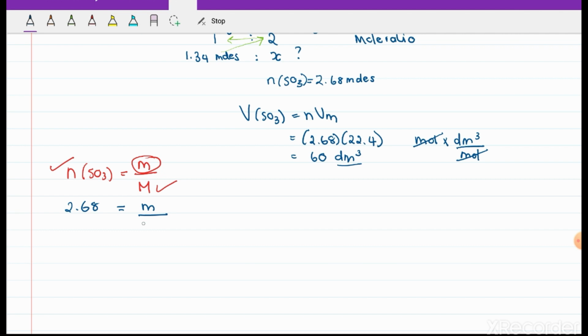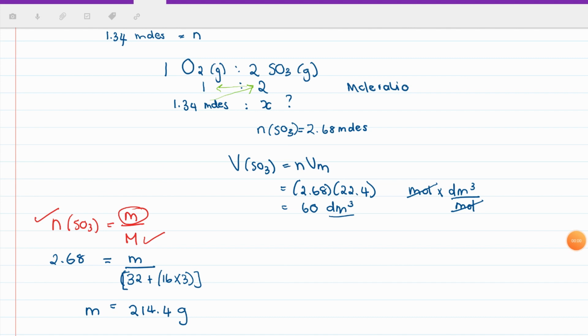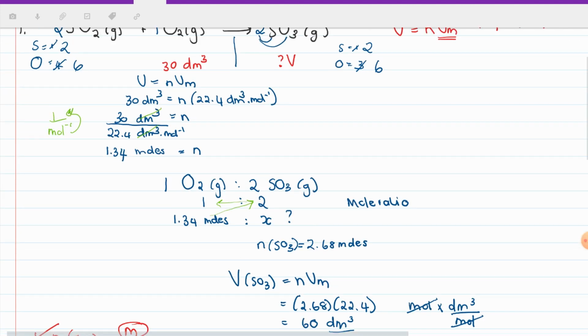So the molar mass of sulfur is 32, and we have 3 oxygens, and the molar mass of 1 oxygen is 16, so I'm going to times that by 3. And then I can say the mass is going to be that times that. Okay, and if you go and work that out, you will see it gives you 214.4 grams.